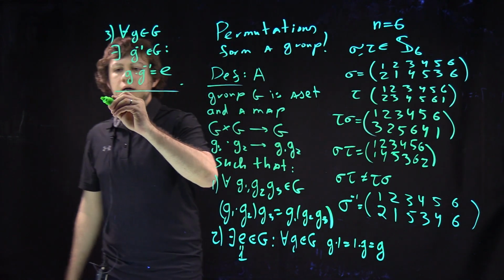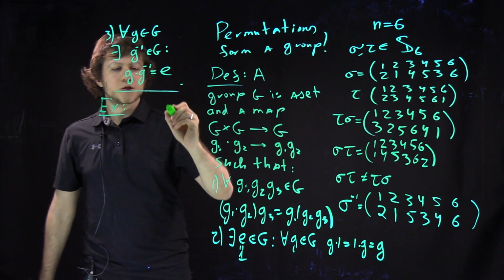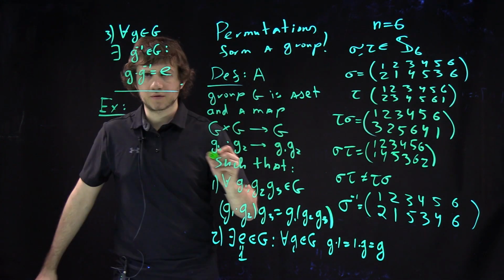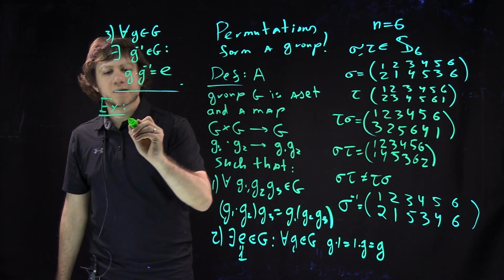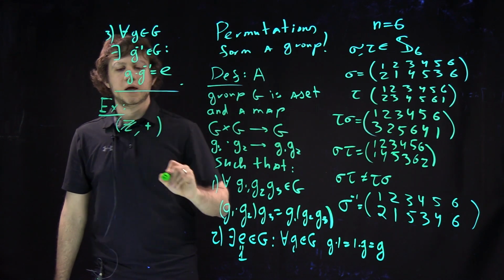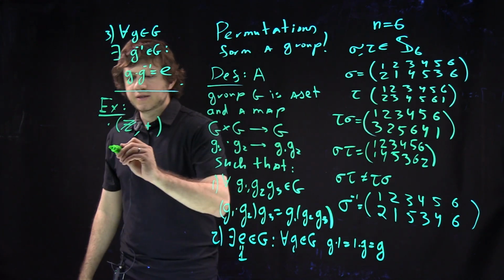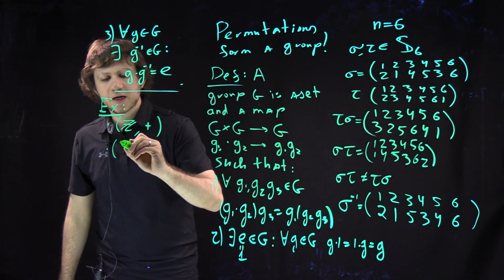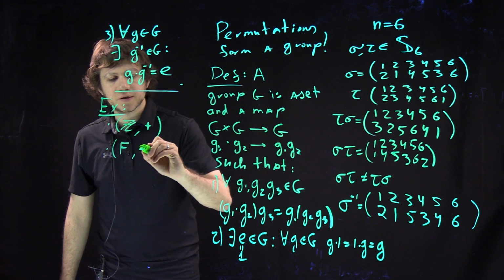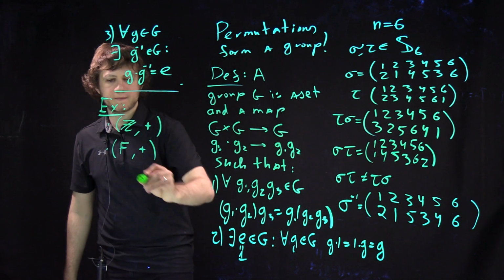So let me just show you a few. We need a set and an operation. For instance, you can take integers and addition. Then of course all properties are satisfied. You can also take any field and addition. Subtraction will be the inverse and 0 will be the 1.